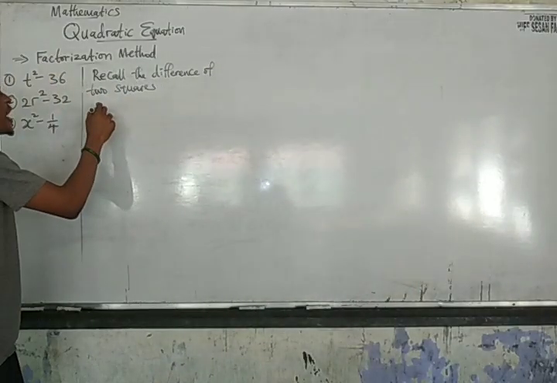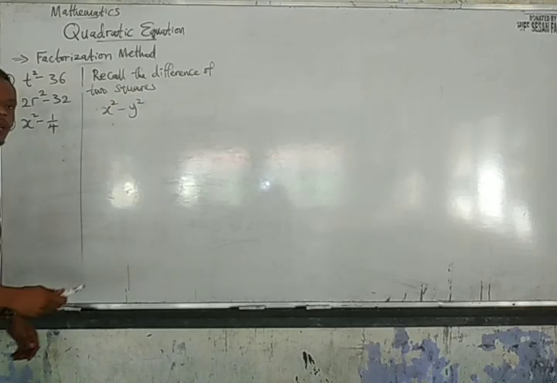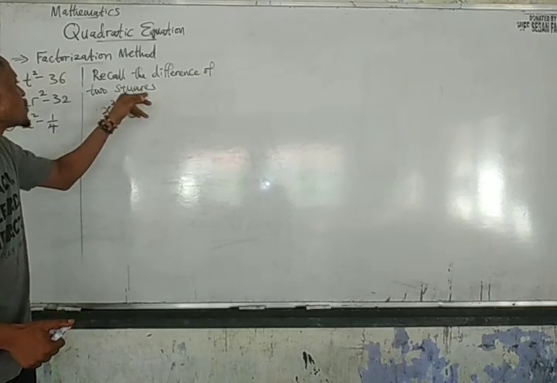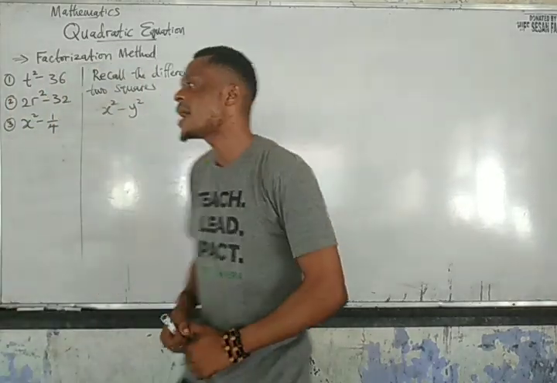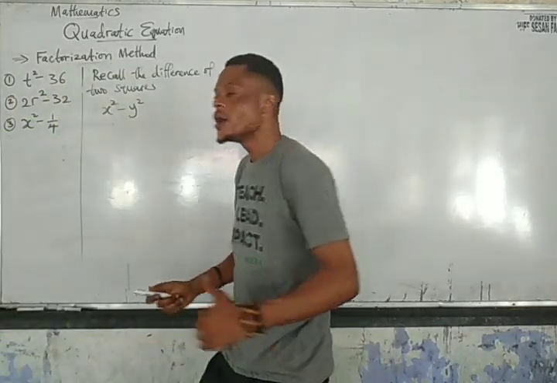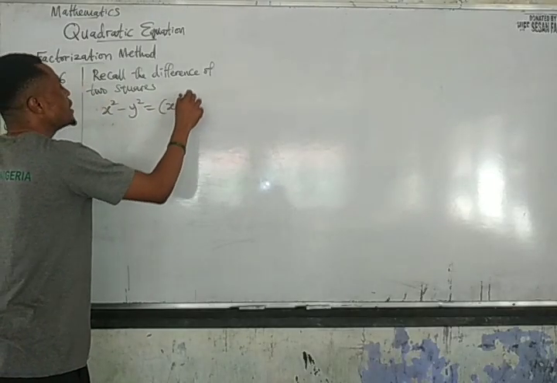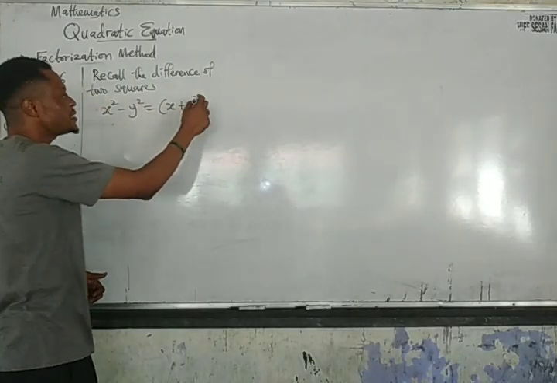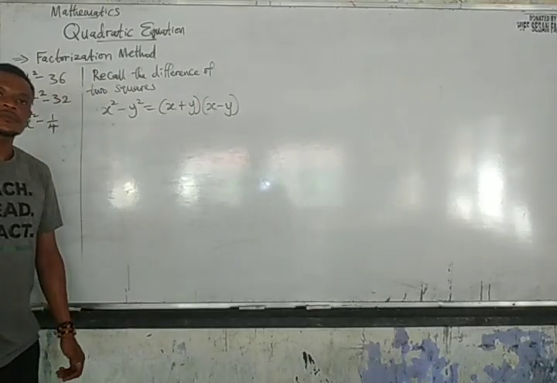So for instance, we have x squared minus y squared. This is a square, this is a square. When we say difference, it indicates minus, the subtraction sign. So the difference of two squares will always result in x plus y, open bracket and close bracket, multiplied by x minus y.